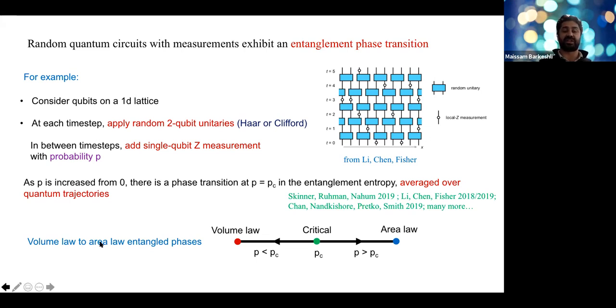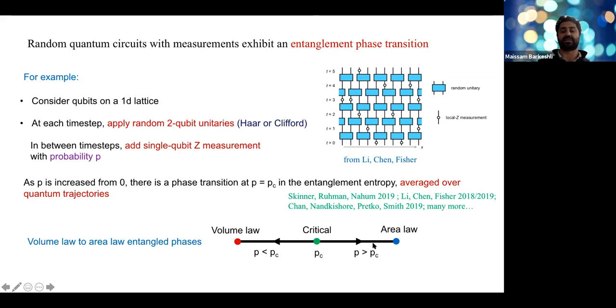And this transition, you can think of in many different ways. One way is it's a transition between a state which has volume law entanglement entropy and area law entanglement entropy. The area law phase is like a disentangling phase. If you put enough of these single qubit measurements in, then that disrupts the entanglement growth that's created by these random unitaries, and doesn't allow you to build up entanglement over long scales.